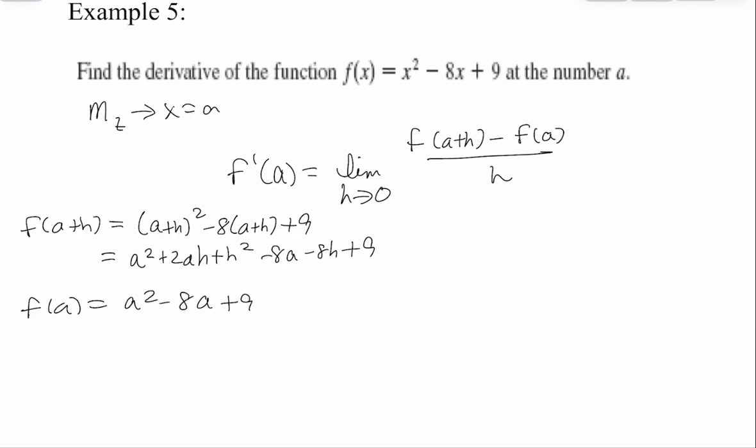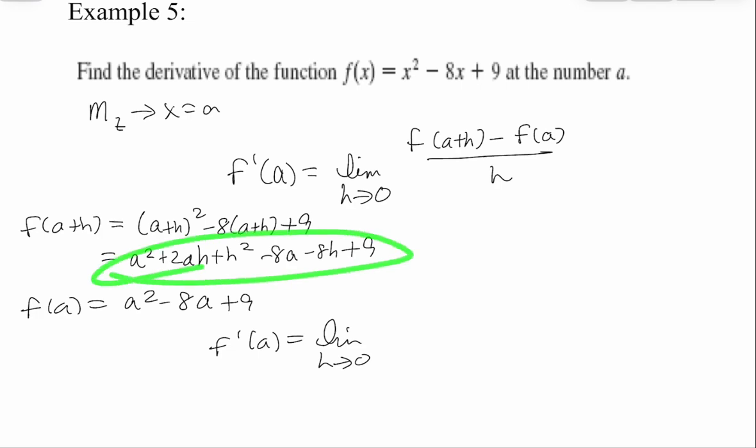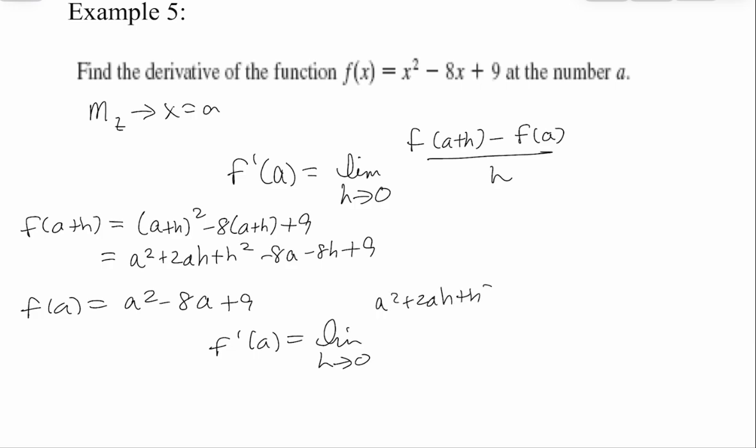Now let's put those into our function. So f of a plus h, we're going to write this whole thing and put it in that location. So that's going to be a squared plus 2ah plus h squared minus 8a minus 8h plus 9.